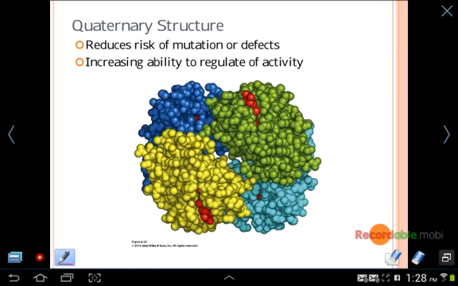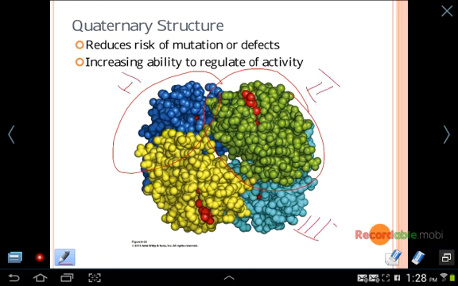Now, quaternary structure is when you get tertiary folded peptides that are separate peptides. So we have 1, 2, 3, 4 oligomerizing to form one overall protein. So it's 4 proteins, sorry, I don't want to confuse you.